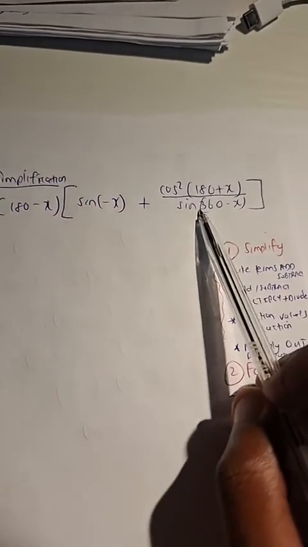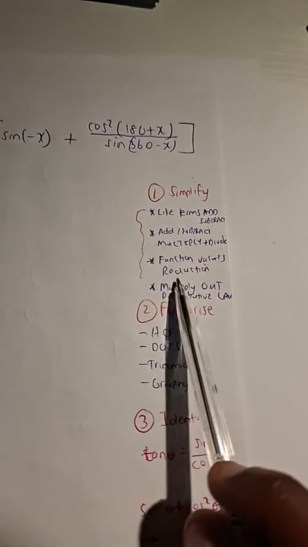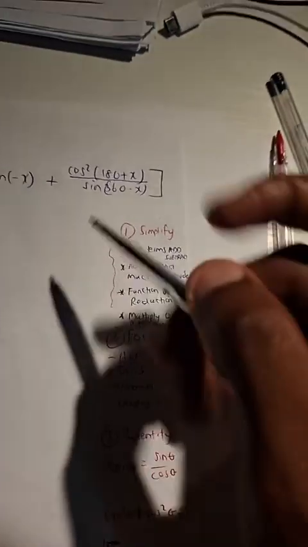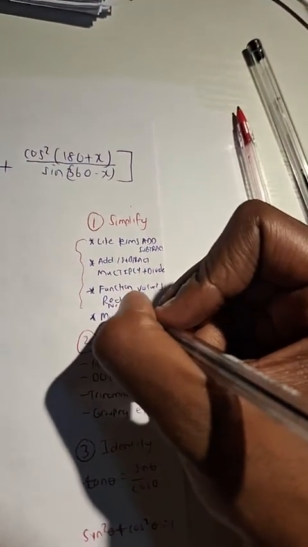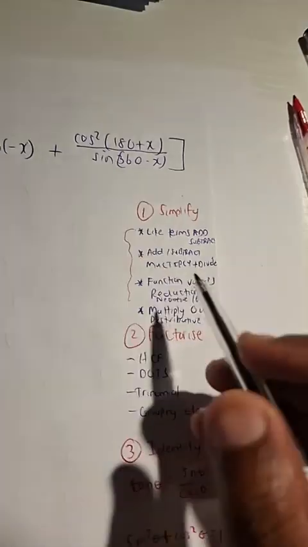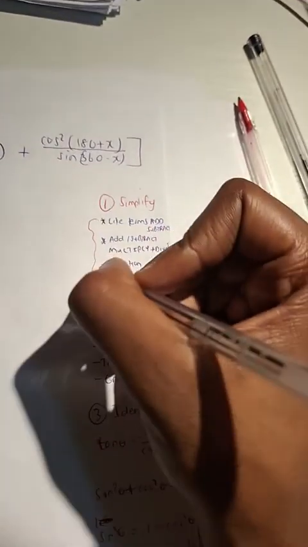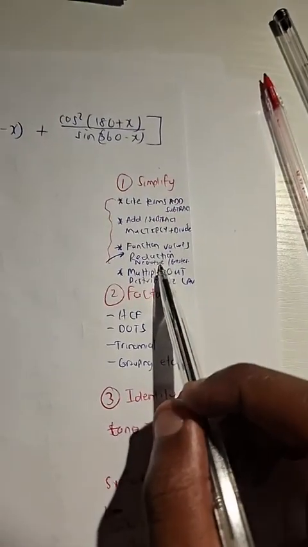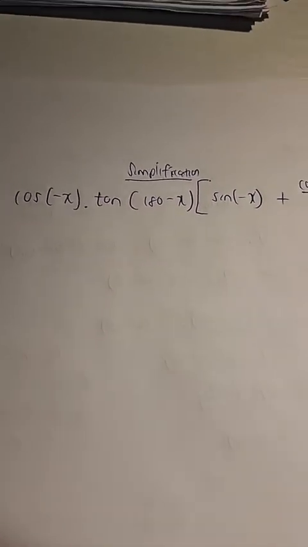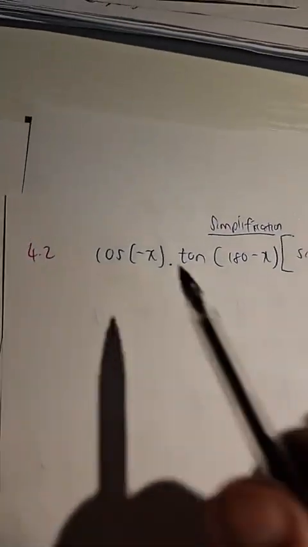The simplification that needs to happen here is of function values: reduction, negative angles, angles greater than 360, co-function values, the works. So the only simplification I can do here is that, and that's what I need to focus on at the moment. I'm on simplification mode and I'm going to apply it.